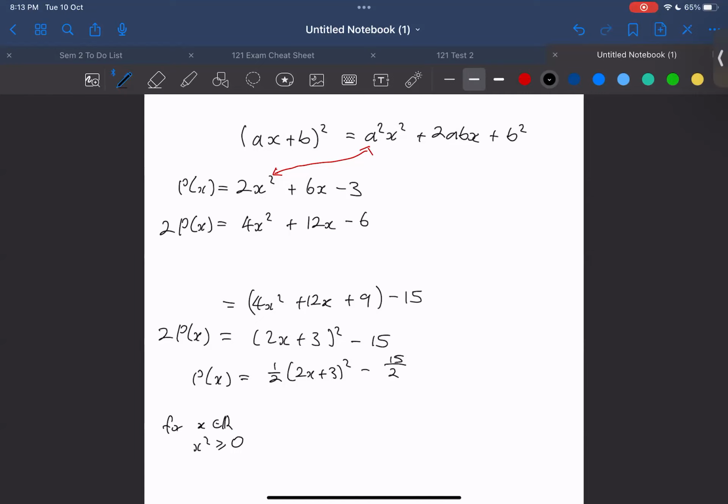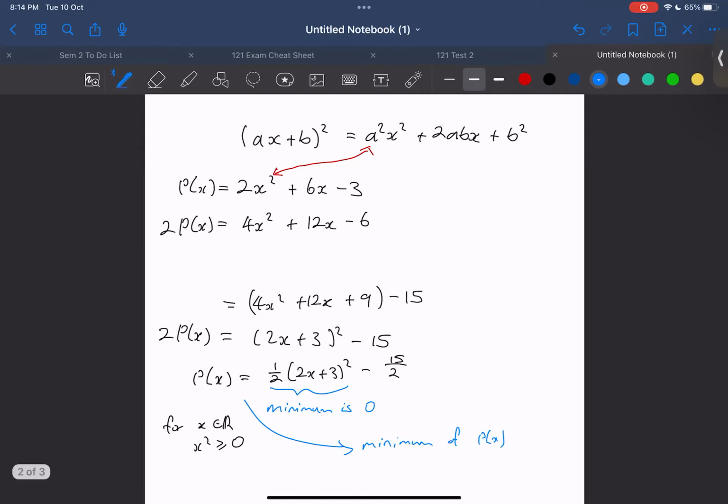So the minimum of this value is going to be 0 because this square can't get smaller than 0. And so the minimum of p of x is just when this thing equals 0, and then you get 0 minus 15 over 2, which is -15 over 2.